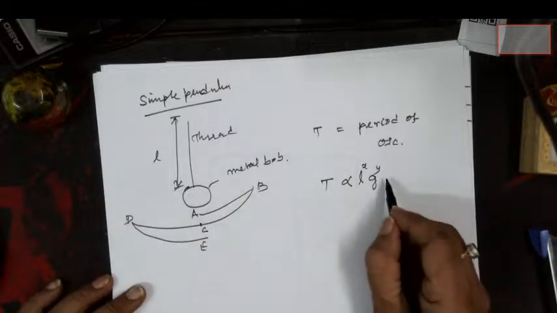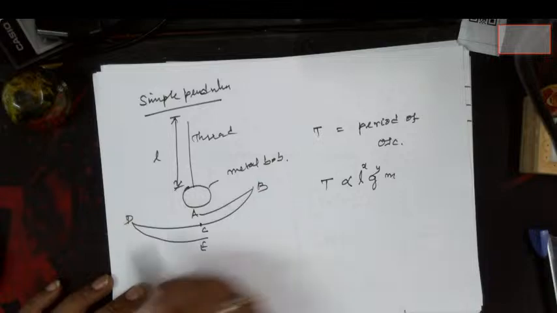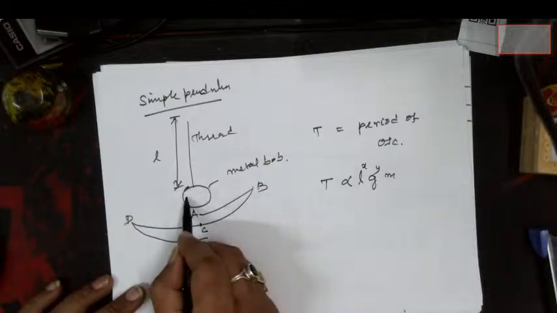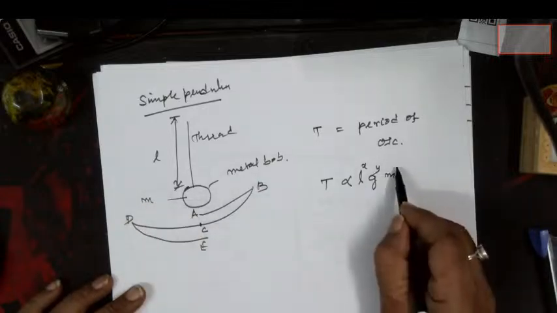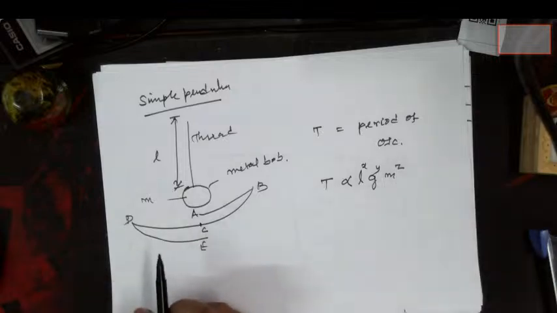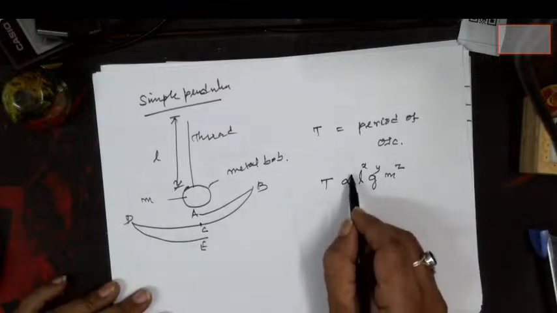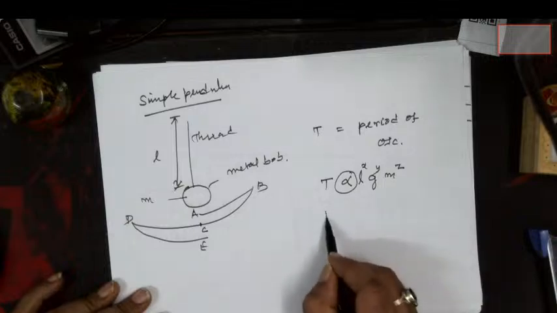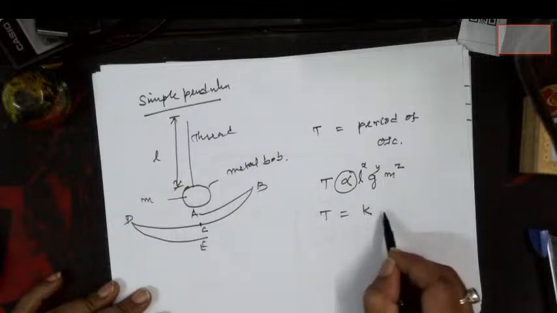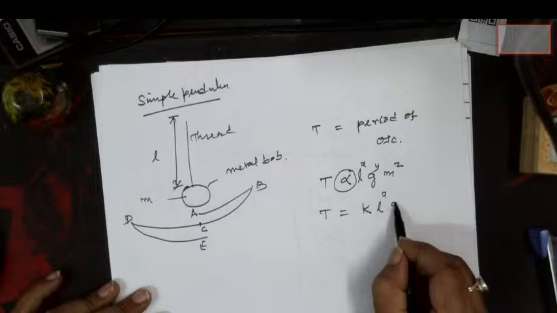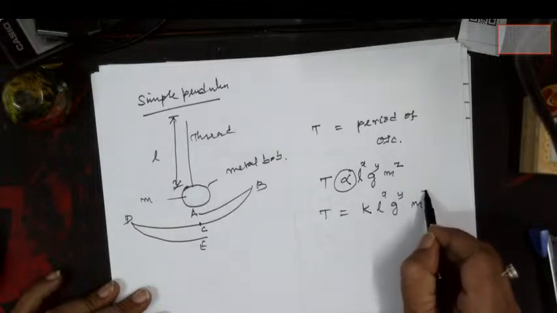Then let us assume this is also dependent on m, the mass of the bob, so put power z like this. And when you remove the proportionality, you have to introduce the constant. So T is equal to K into L power x, g power y, m power z.